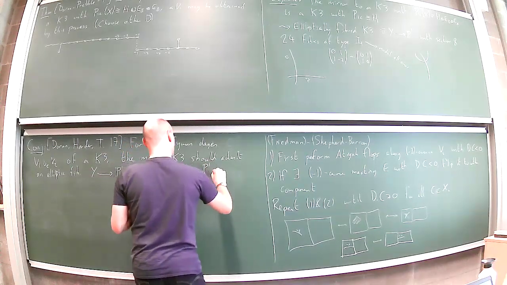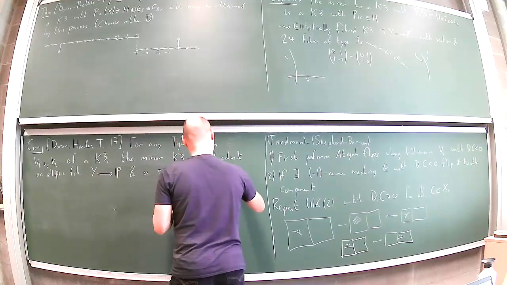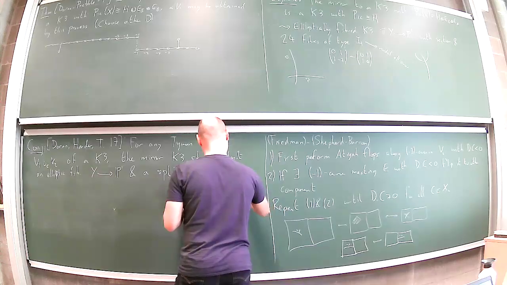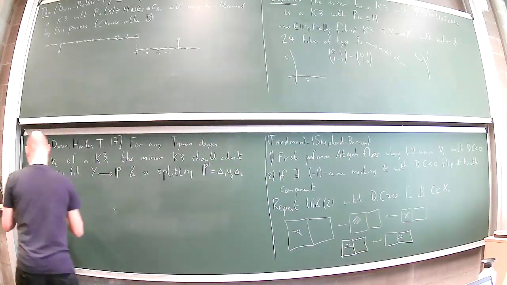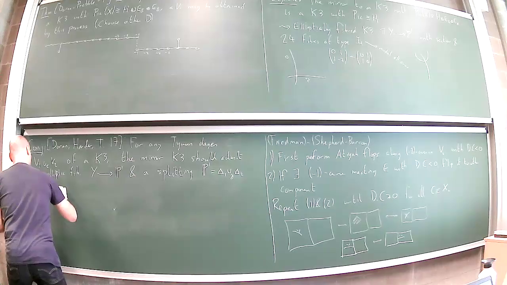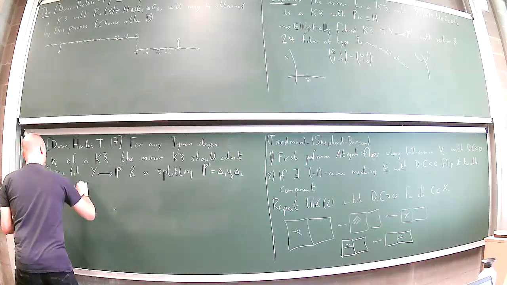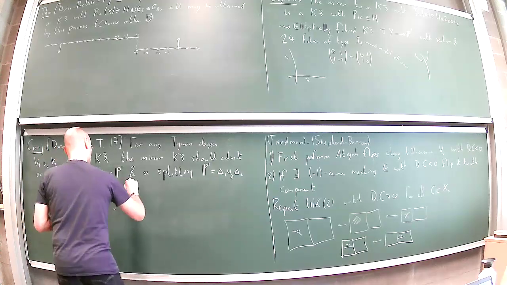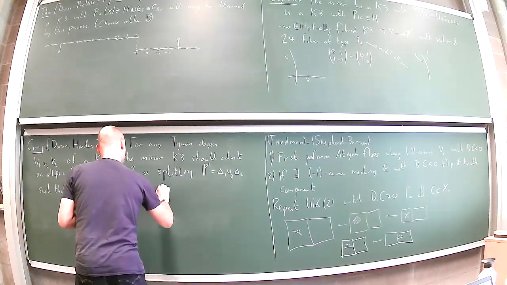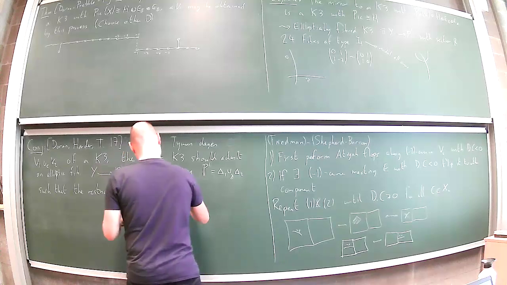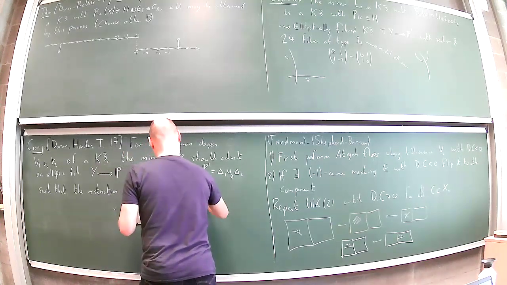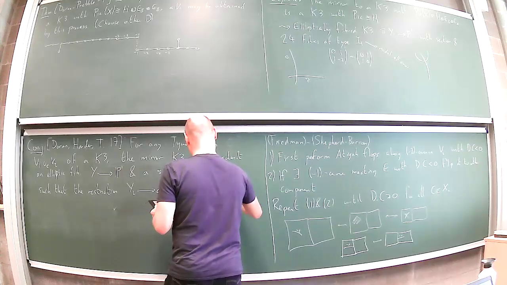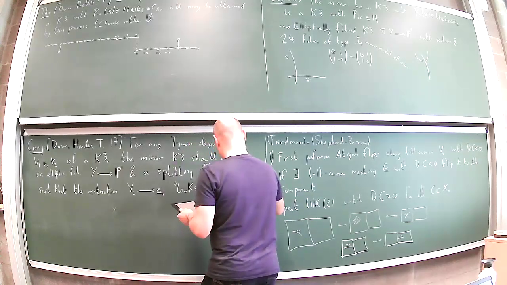So I can write P1 as, and I'll explain all of this in a second, a union of Delta_1 and Delta_2, and the splitting is such that the restriction of this fibration, Y_i to Delta_i, looks like, in inverted commas, the mirror to V_i.